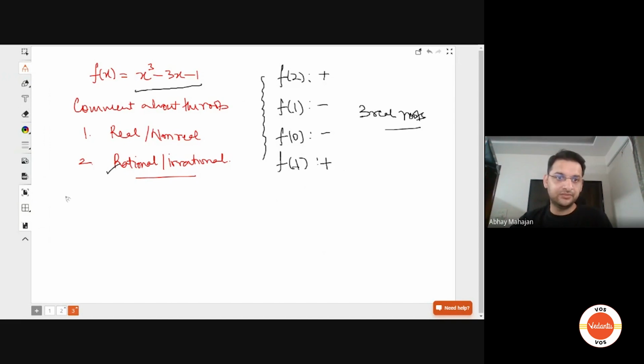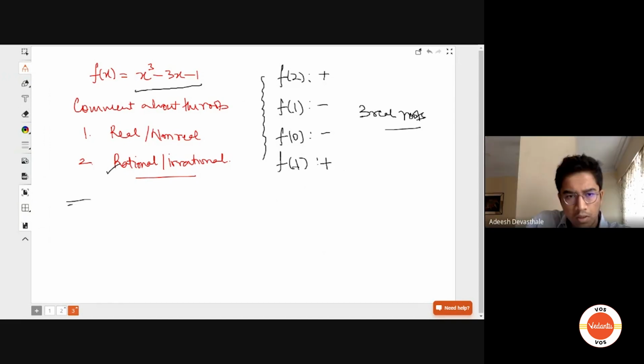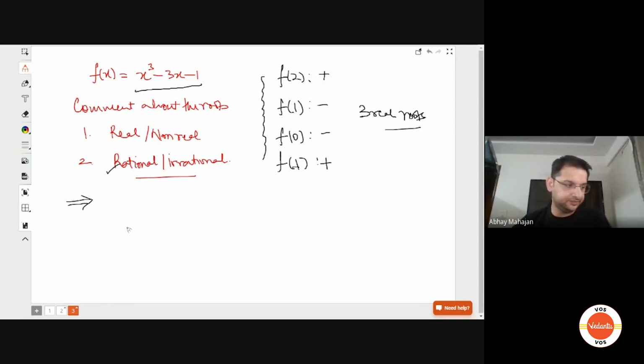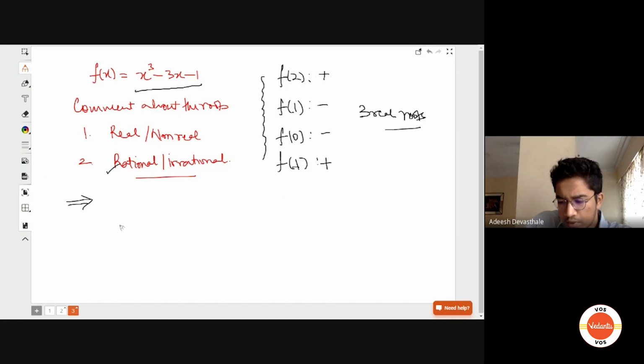Okay, can you reason? So basically, if it was a rational root, I could have written it in the form P over Q, where P and Q are integers and co-prime, relatively prime.